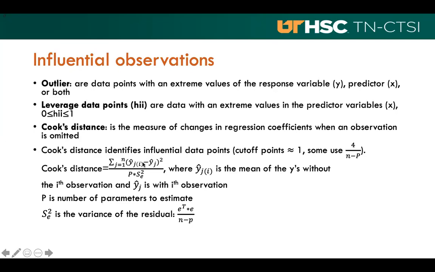If the deviation between the observed Y variable and the predicted Y variable is huge when we omit, for example, the first observation, then we say the deleted or dropped observation is influential.